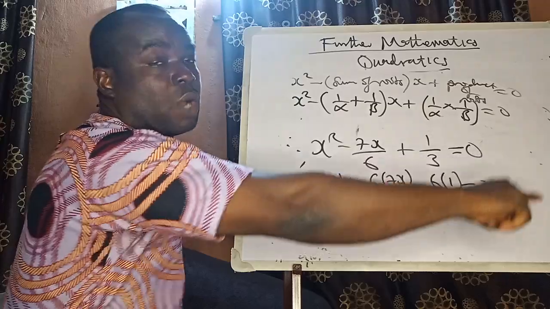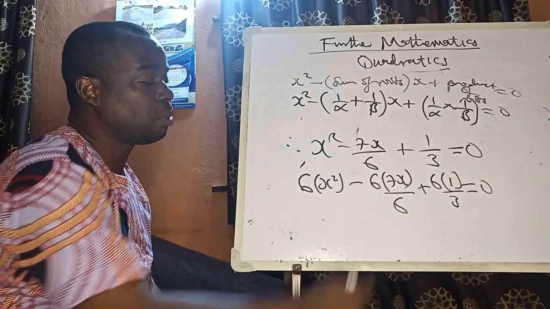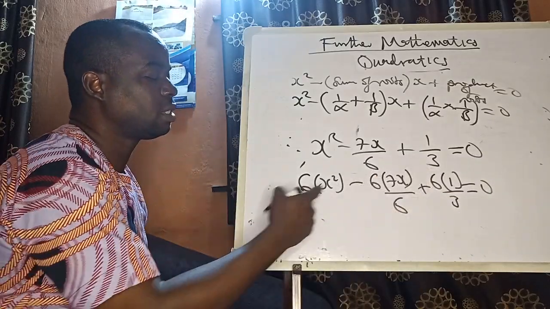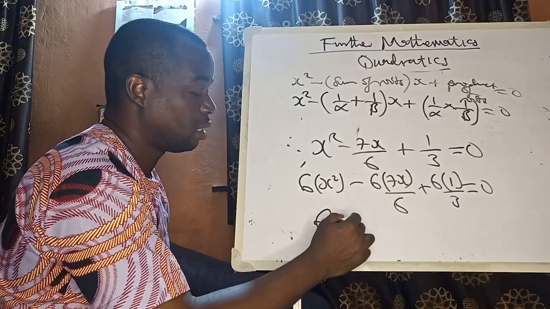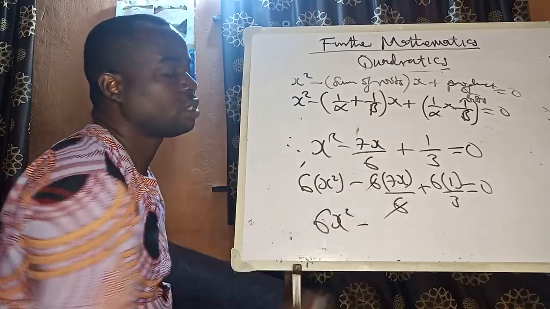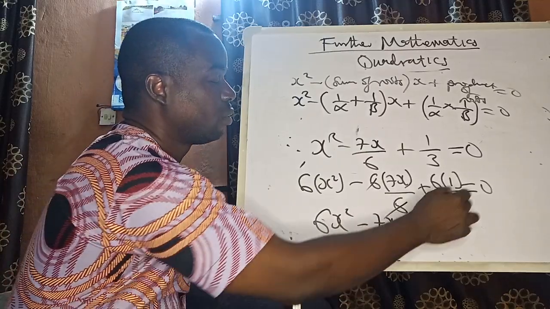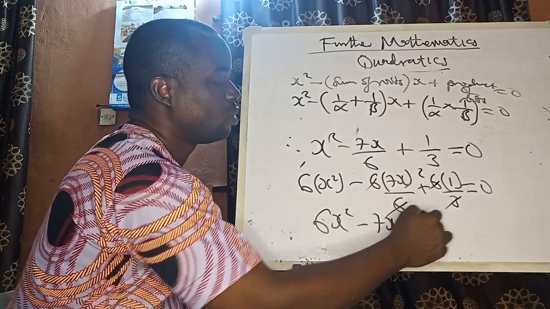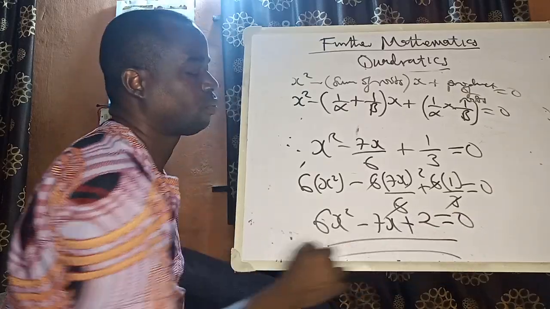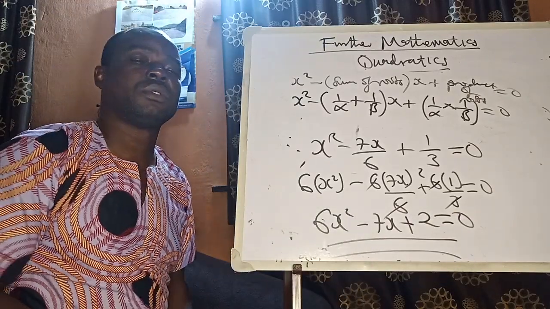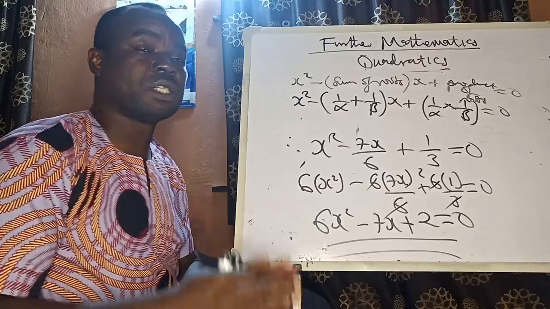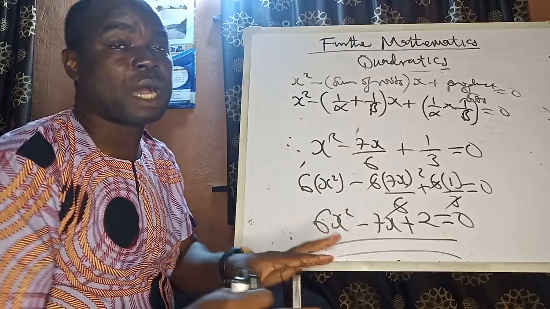Then cancel out. 6 times x squared is 6x squared. This 6 cancels this 6. We now have 7x. We now cancel, you have 2. 2 times 1 is 2 is equal to 0. That's the equation. So this is just to bring to your notice how to do this.